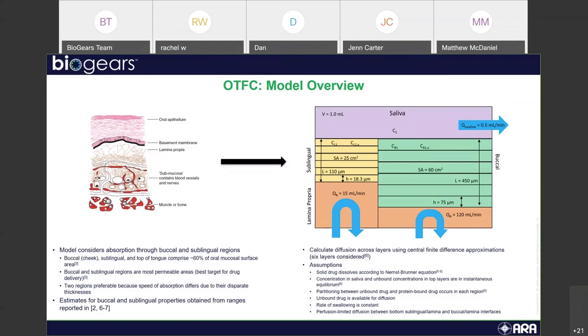All of these parameters, in terms of the size of these areas, the thickness, and the blood flow rates, were estimated based off ranges reported in various sources. We tried as best we could to really get specific with physiological estimates for these values.